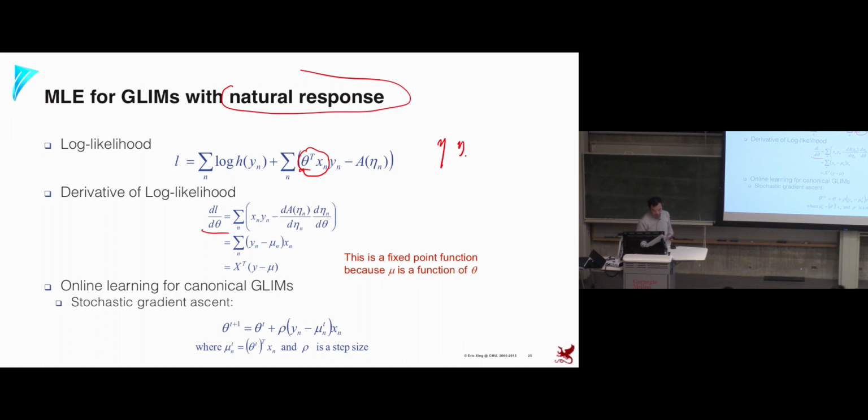And then what you have is a simple generic learning rule, which is this. And that gives rise to the online learning algorithm for canonical GLIM models, where you use this as a gradient step, and you do basically gradient ascent like this with a learning rate. Okay.